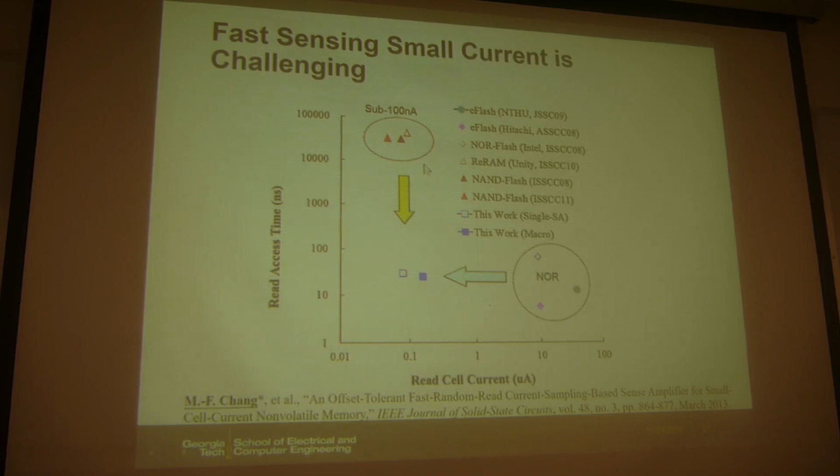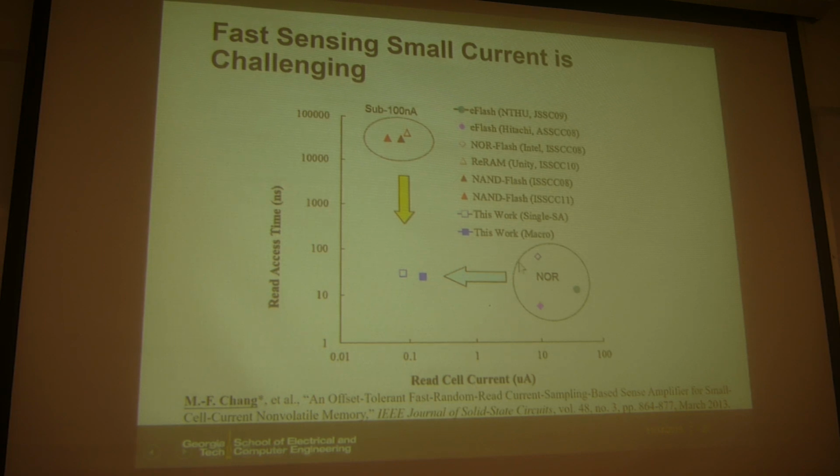And here, the challenge for the sensing is that if you want to sense small current, that means large resistance is challenging. So here we show this trade-off: access time, read speed, and the cell current for the memory cell.